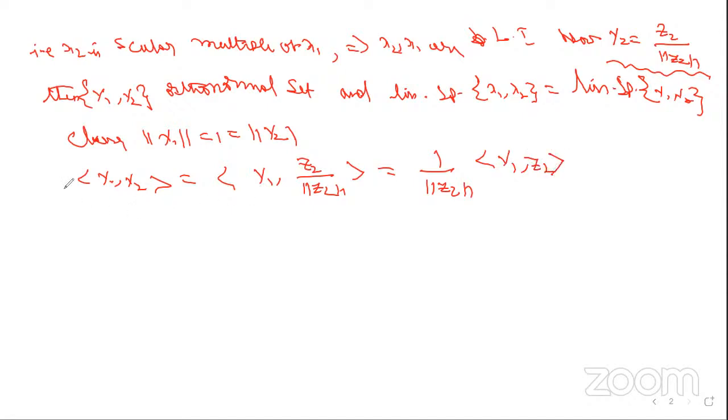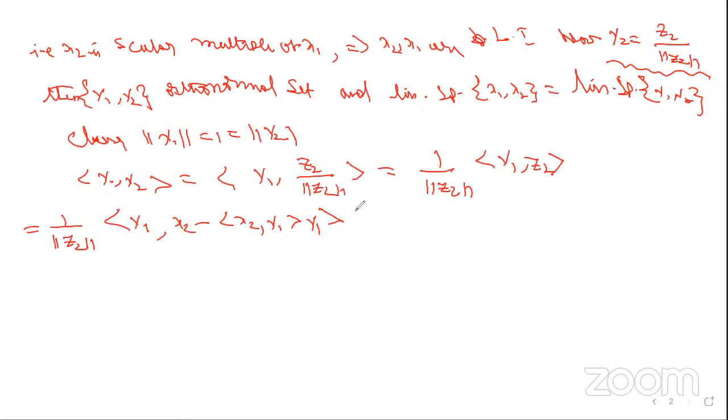Right. So that is equal to 1 divided by norm z2, as it is, inner product of y1 comma x2 minus inner product of x2 comma y1, from the above previous result.